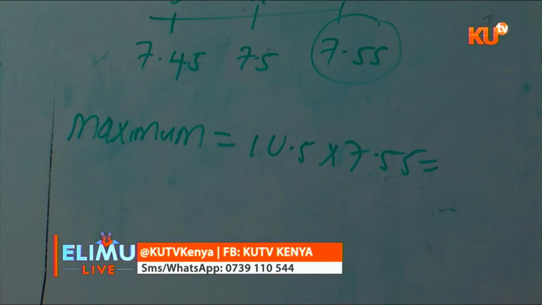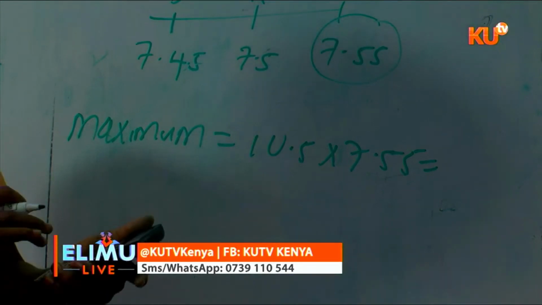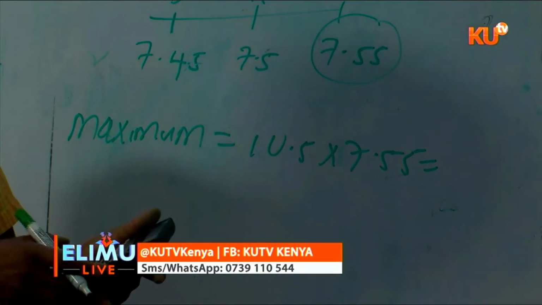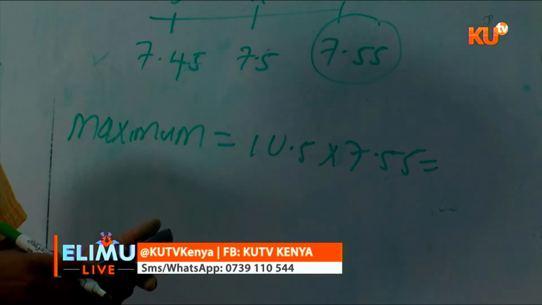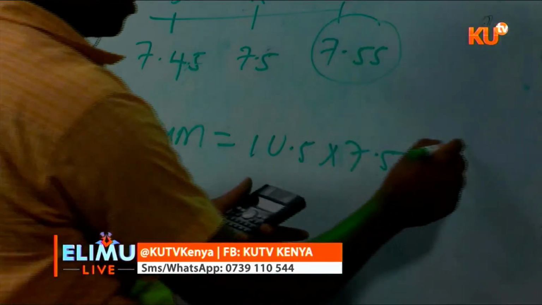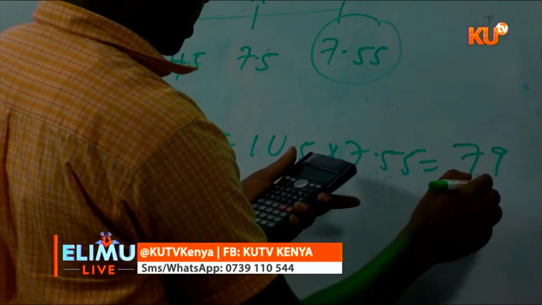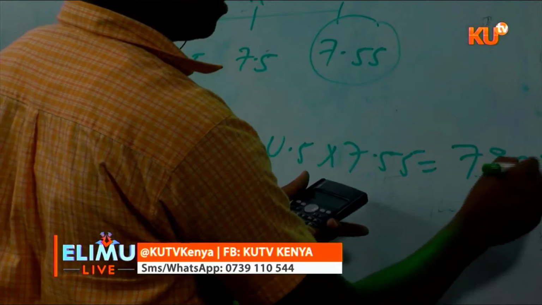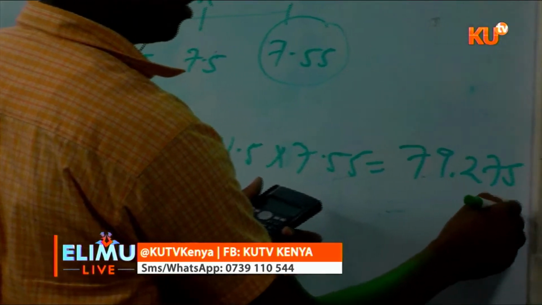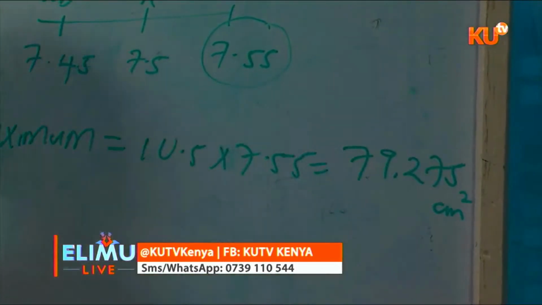Use your calculator to avoid committing an extra error. You get 79.275 centimeters squared. That is our maximum area.